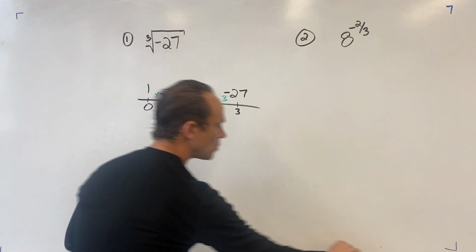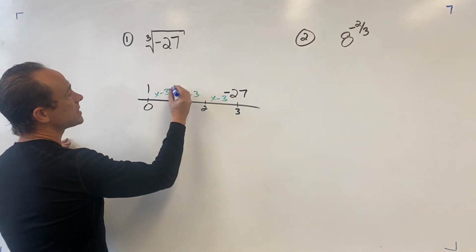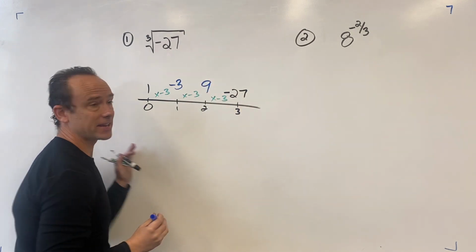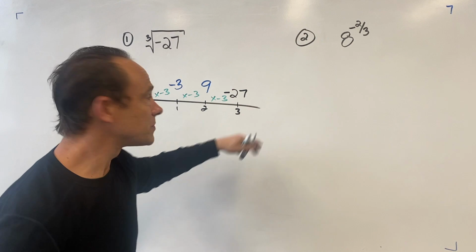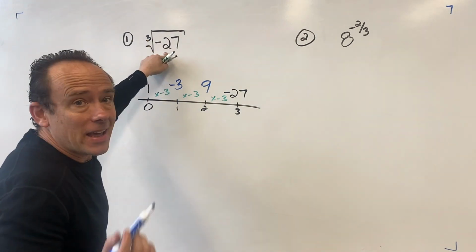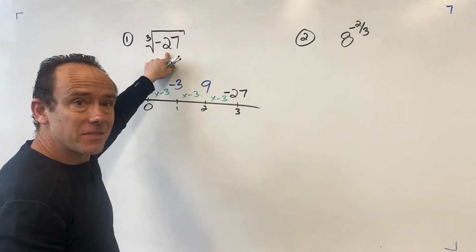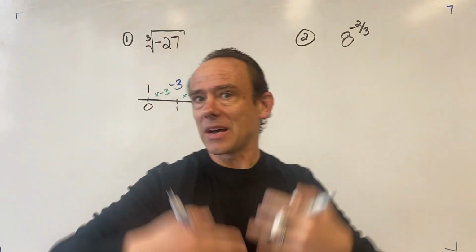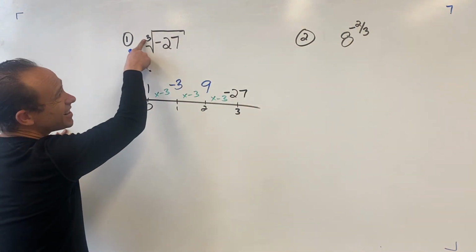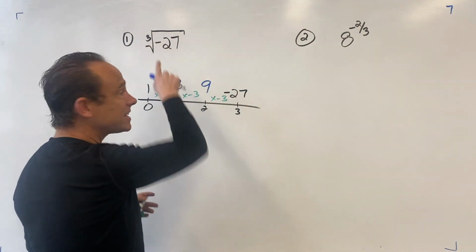We get 1 times negative 3 is negative 3, times negative 3 is positive 9, and then negative 27. So if you've got an odd number in that index, you can have a negative number inside the radical without the need for the imaginary unit. As long as that's odd, this can be negative.